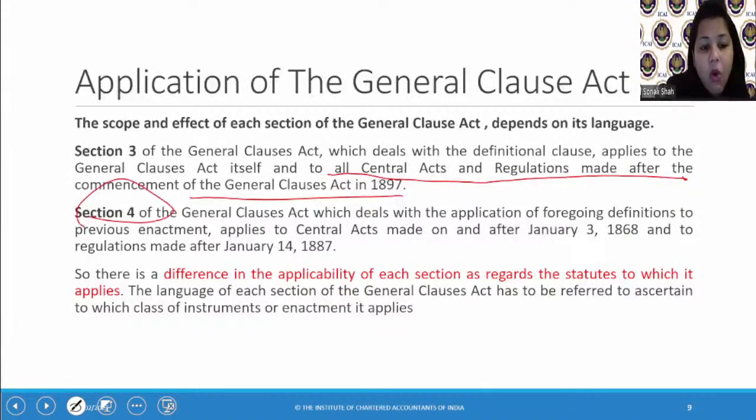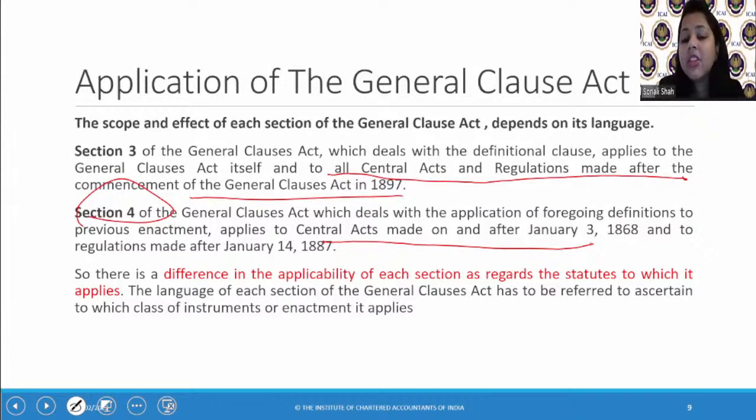Section 4 lays down that there are certain definitions in section 3 that may be applicable to central acts that were made on and after January 3, 1868 and to regulations that were made after January 14, 1887. So what has happened here? There is a retrospective application.